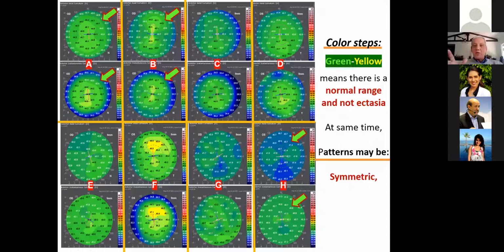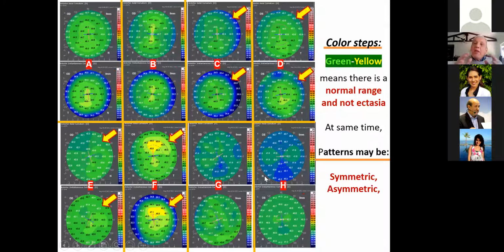These corneas are totally green, and only two here, one here in axial and tangential, are with a little yellow. It means that in range of curvature, all these corneas are normal and probably have no ectasia. But at the same time, we can see and we must see the pattern.